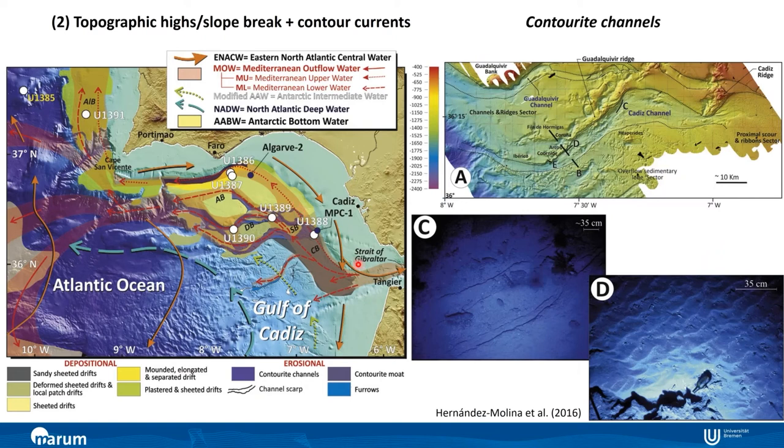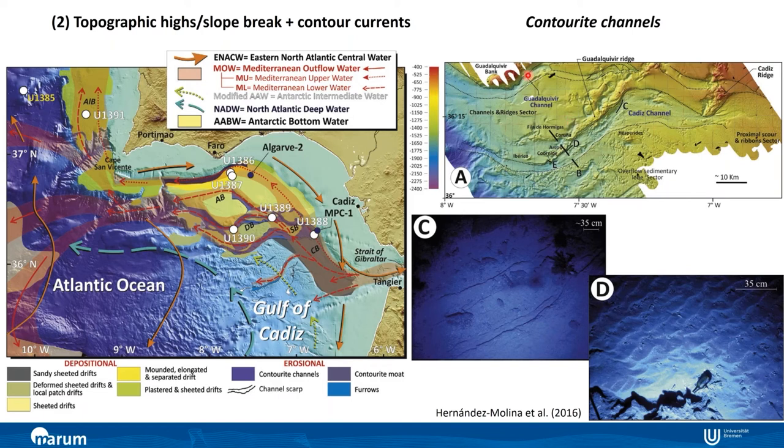You can see some huge channels in this area that are formed by the Mediterranean outflow water that comes out of the Mediterranean and then flows along the continental slope in the Gulf of Cadiz. When it interacts with some heights, for example the Guadalquivir bank here, some channels are formed.